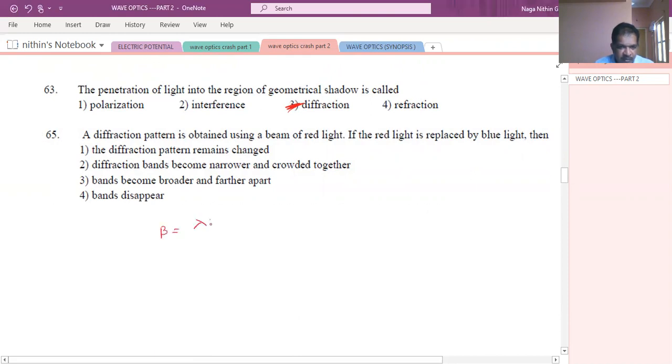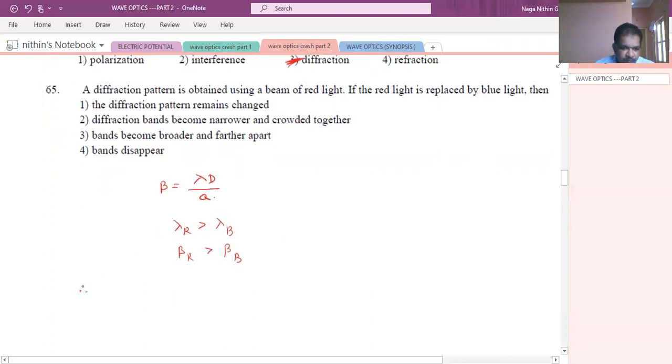Beta is equal to lambda D by A. So they replace red light with blue light. So lambda red is greater than lambda blue. Red light has the maximum wavelength. So when the wavelength decreases, beta R will be greater than beta B. So the fringe width will decrease.